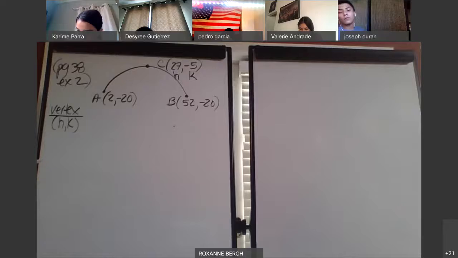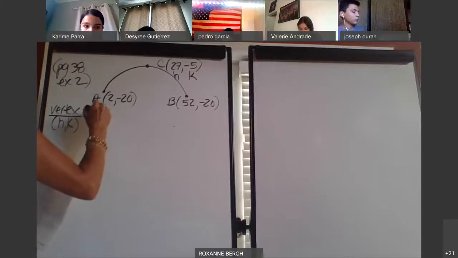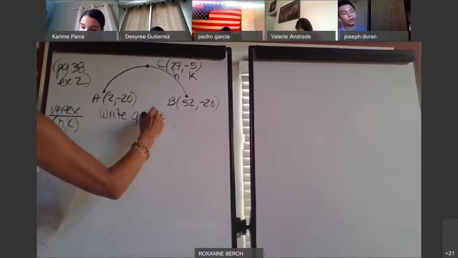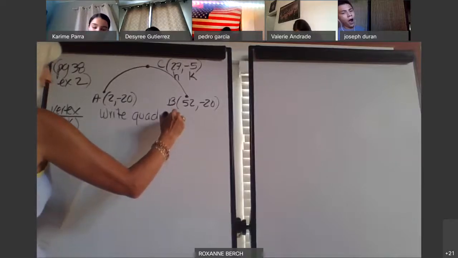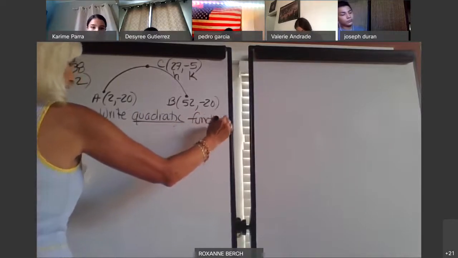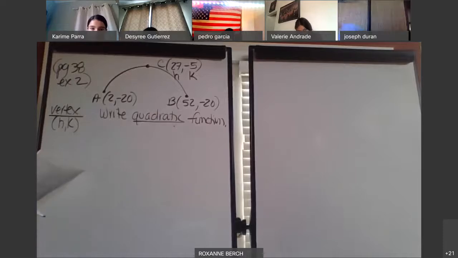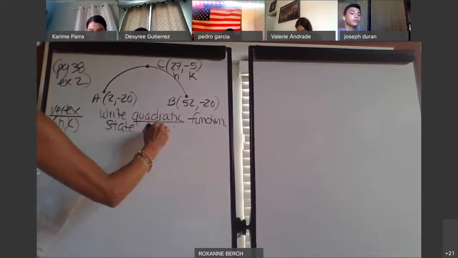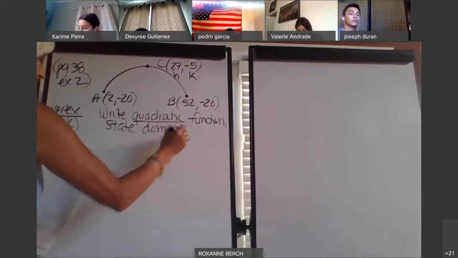So the directions say find the quadratic function. And they say quadratic, so we know that it's a quadratic. And then it says to state the domain. And we will do everything in interval notation from here on out.